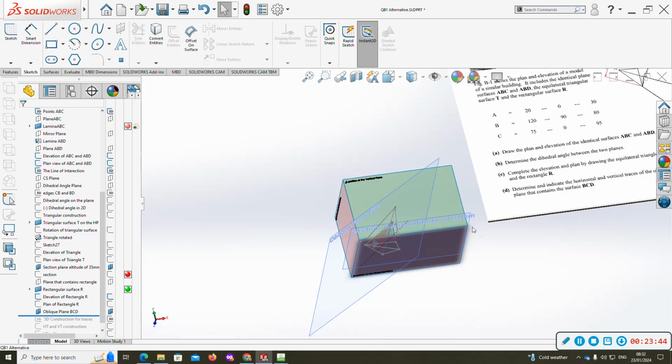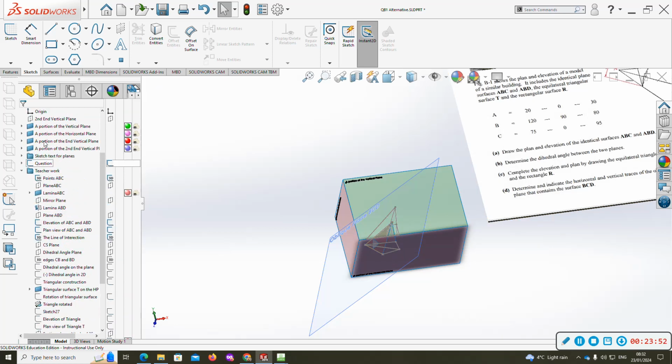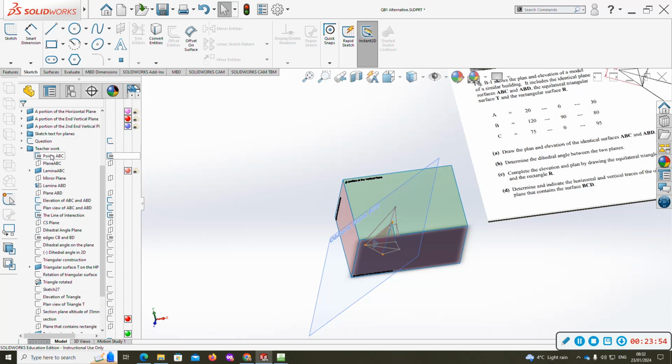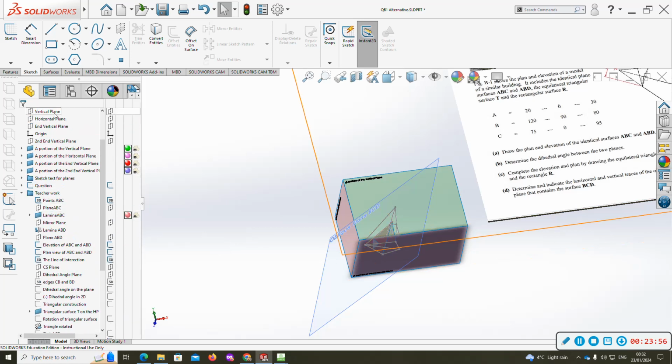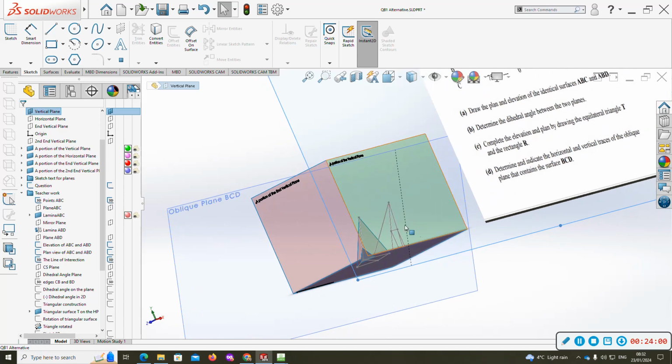Now, where this plane intersects the vertical plane, we get the VT. So that's the VT there.